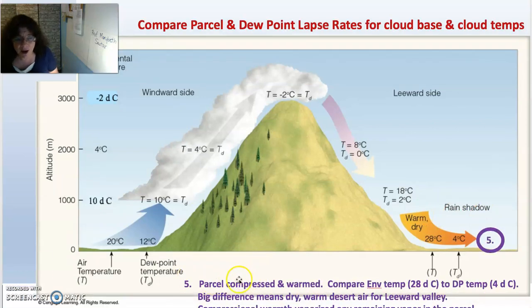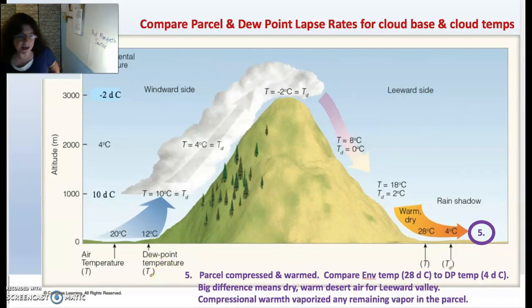In terms of that, I talked about that here, about compressing this air. The compressional warmth of this descent effectively vaporized off any remaining water vapor in the dry parcel that started with 1 to 4% water vapor, lost a lot of it in the precipitation, and then came down and the rest of it was vaporized essentially by the warmth of the parcel as it descended.